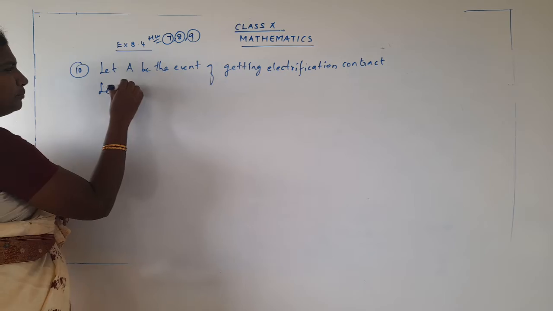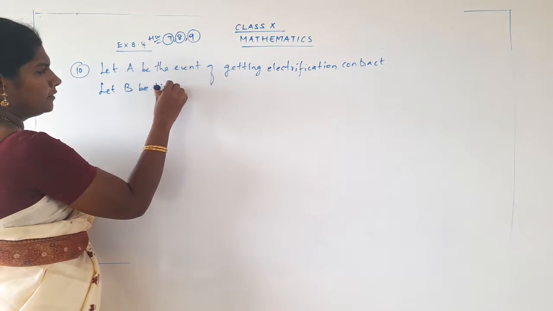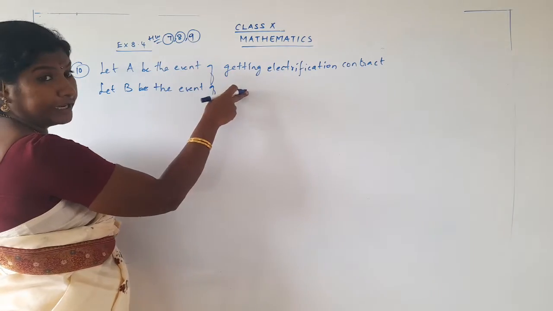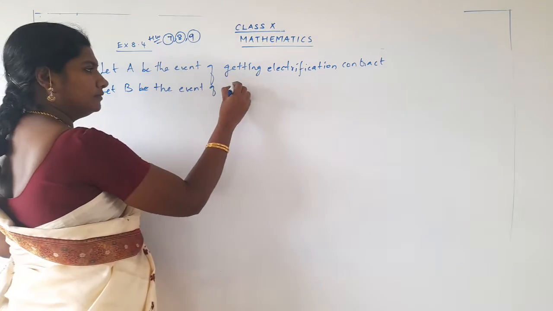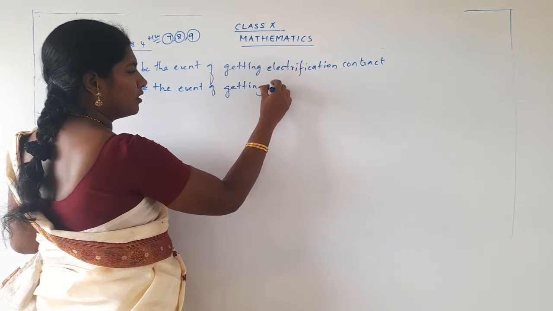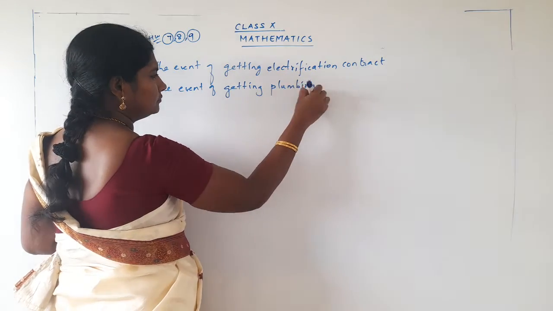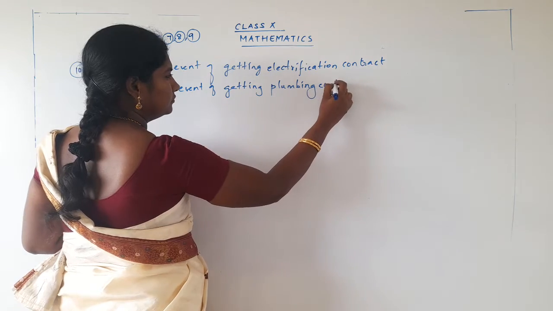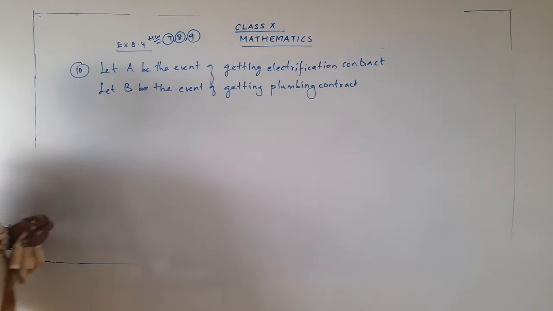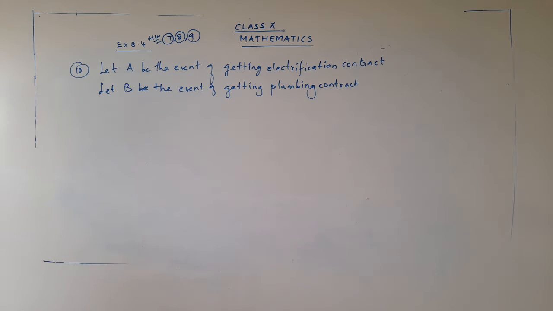Let B be the event of getting plumbing contract. Don't write here not getting, I am just talking about getting. Let A be the event of getting electrification contract and let B be the event of getting plumbing contract.